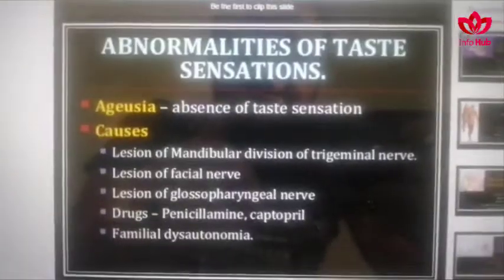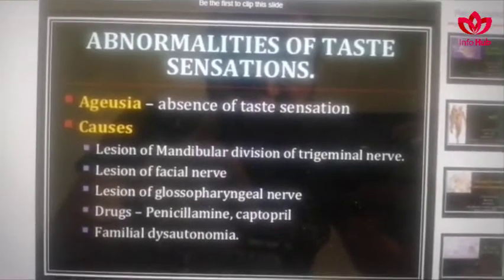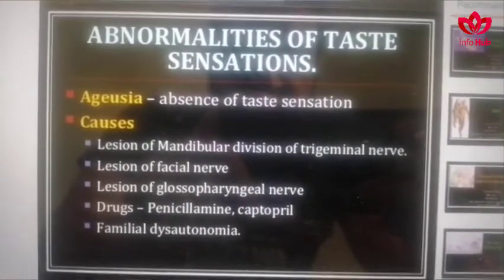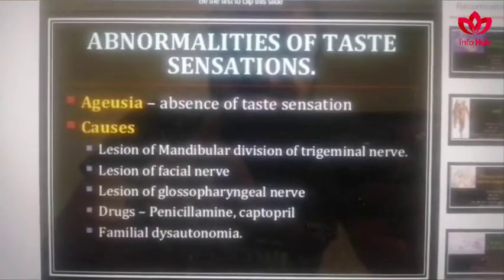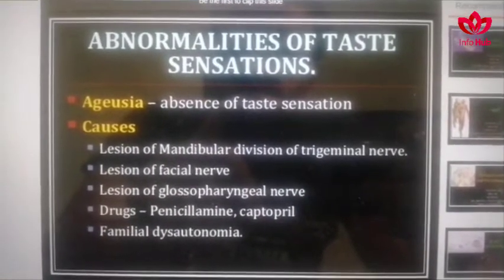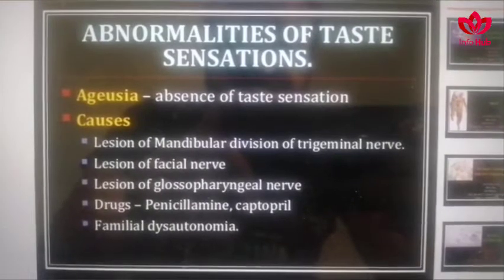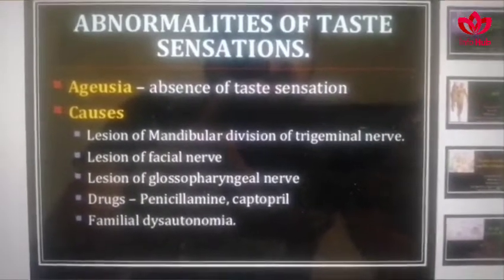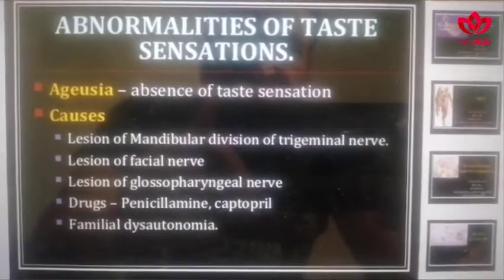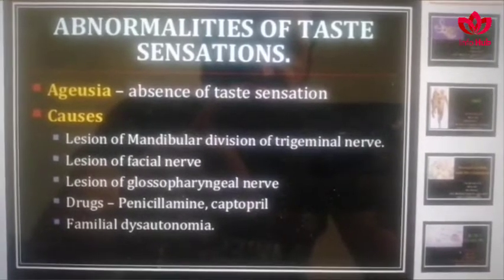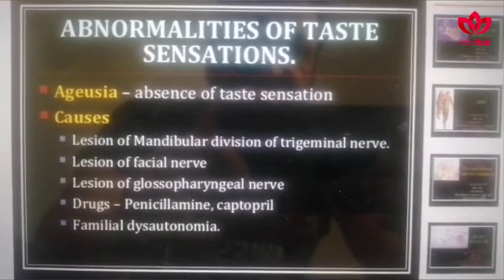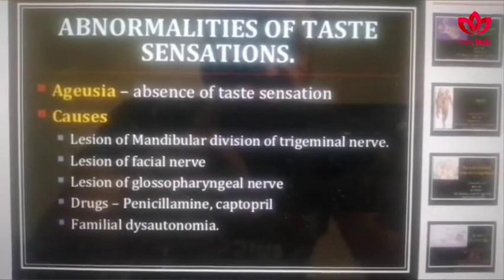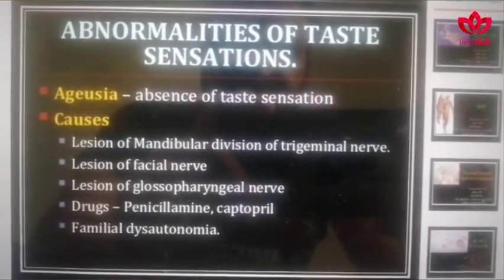Now this is important for you from the viva point of view: the various abnormalities of taste sensation. Ageusia, in medical terminology, means absence of taste sensation. There could be various causes for it, like a lesion of the mandibular division of the trigeminal nerve, a lesion of the facial nerve or glossopharyngeal nerve, and certain drugs.